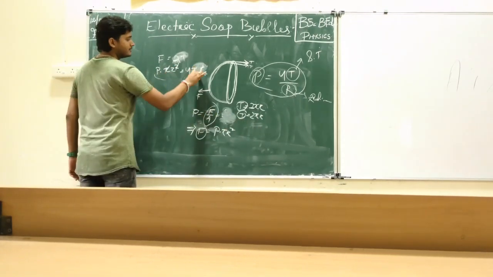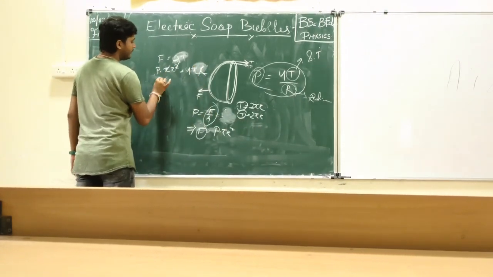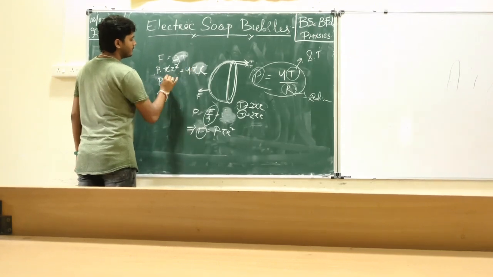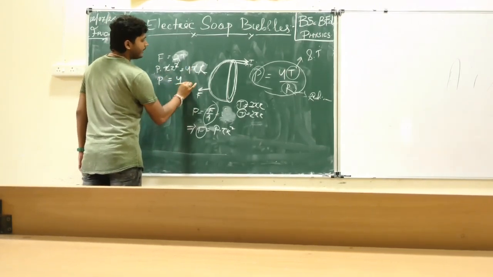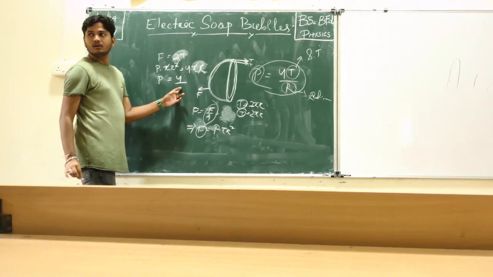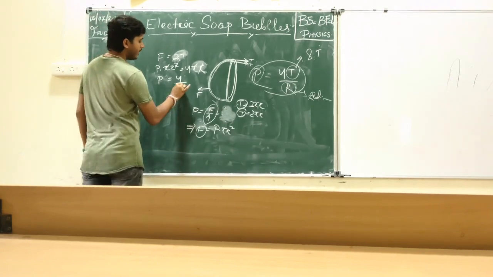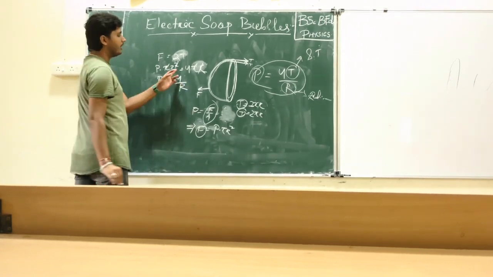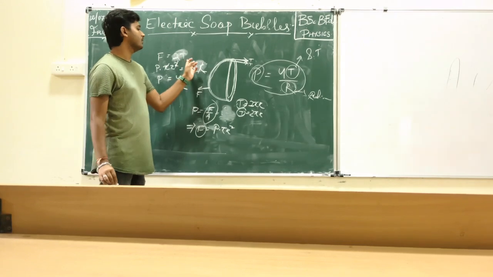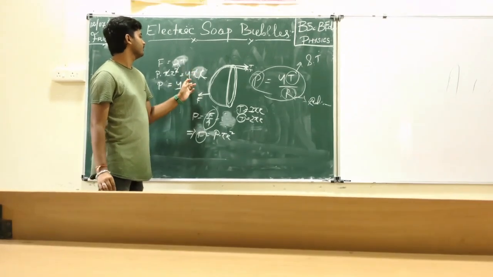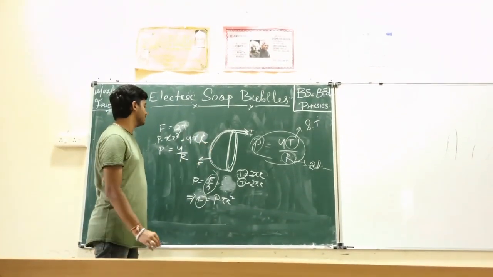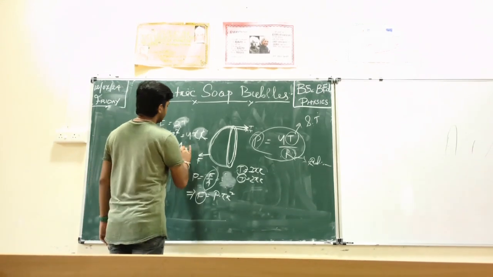The tension is 2T, not T square. So r cancels, pi cancels, and P equals 4T by r.